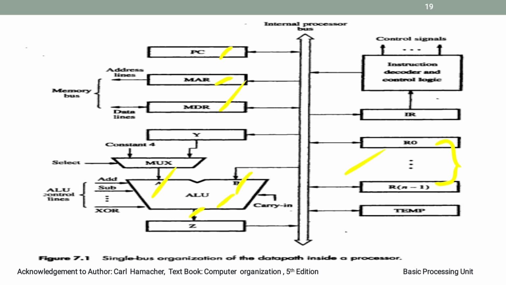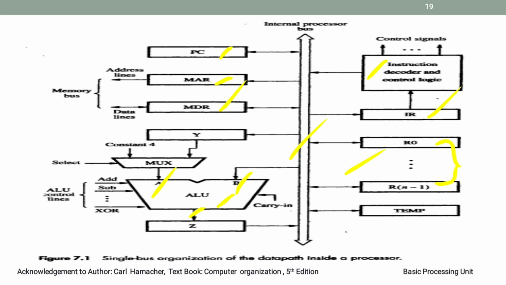They are used for temporary storage of data. This is the internal processor bus that connects the different parts of this processor. This is the instruction register. Whenever an instruction word is fetched from memory, it is saved in the instruction register. From here it is given to the instruction decoder.